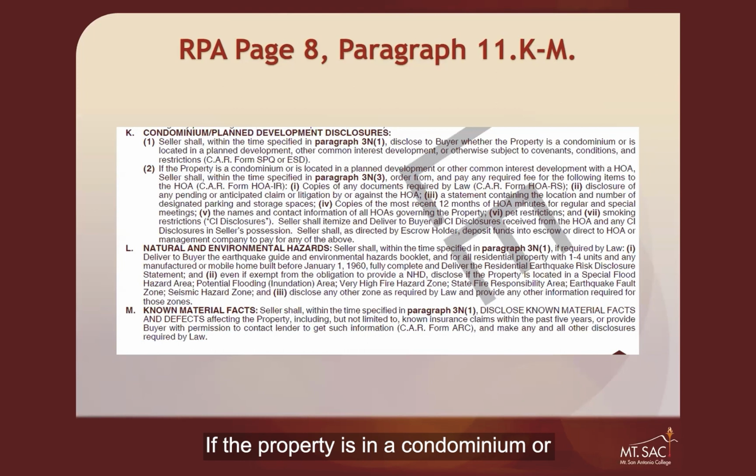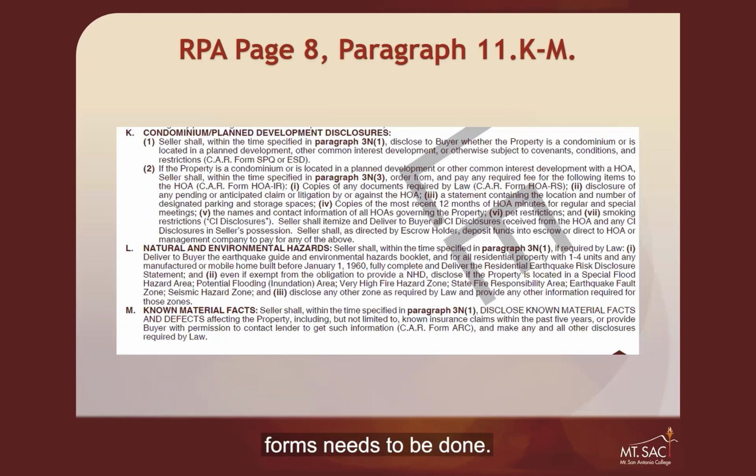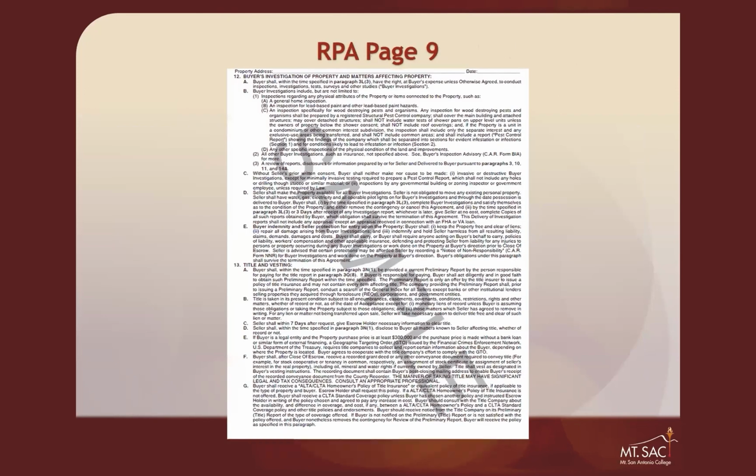If the property is in a condominium or planned development, that has to be disclosed by the seller to the buyer within 7 days. Likewise, any natural or environmental hazards, okay, typically done with the NHD report. Your earthquake disclosure form needs to be done. And then also any known material facts need to be disclosed.